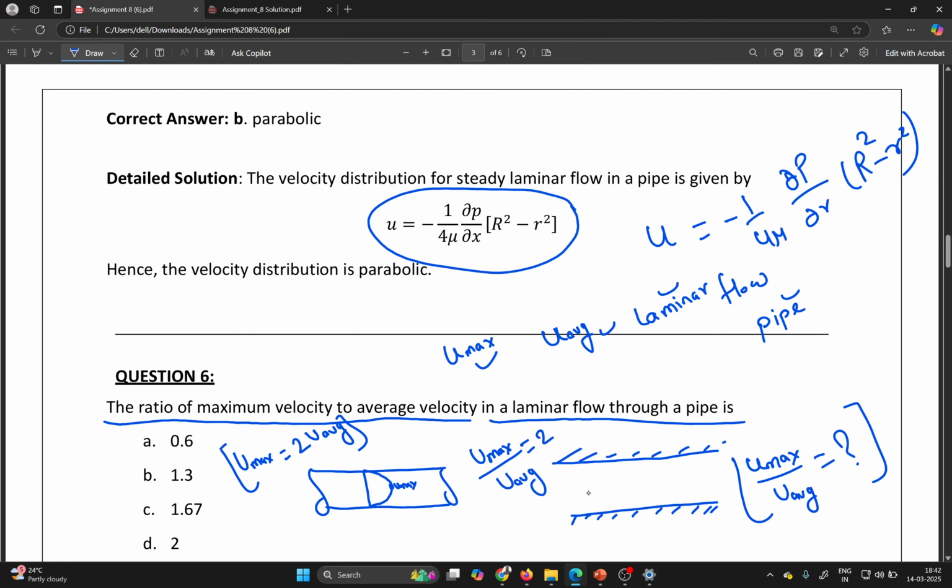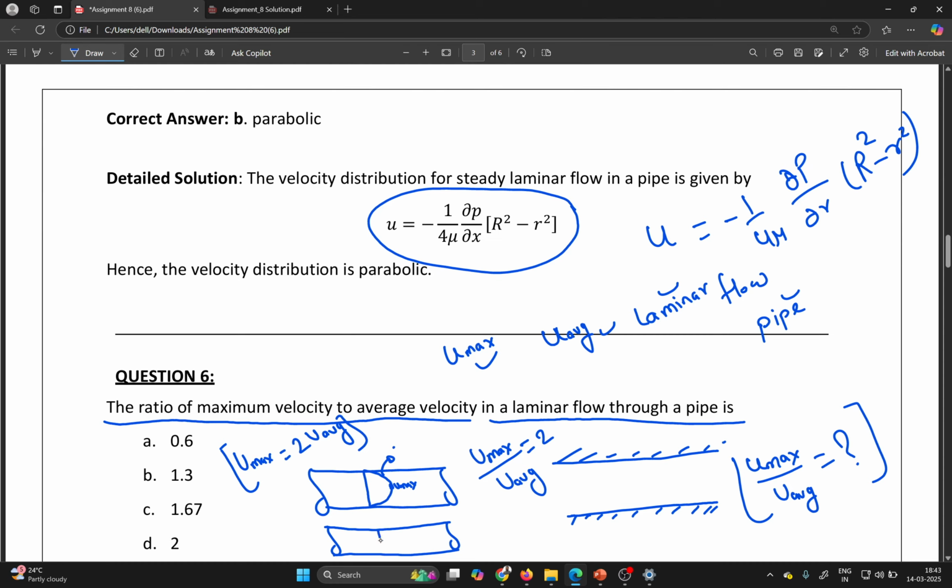But in case of flat plate, what is the U maximum and U average ratio? The average means what? If I draw the same thing, here the variation is parabolic because of laminar pipe flow.